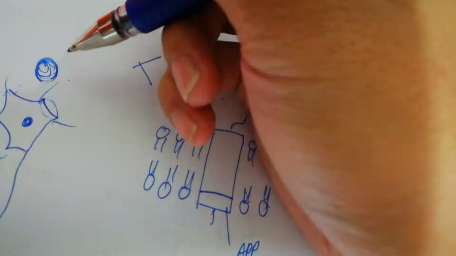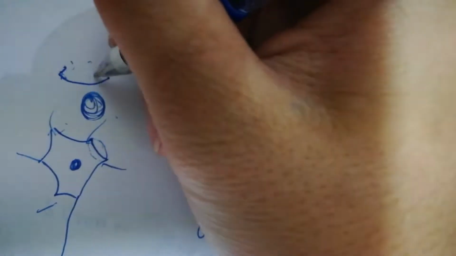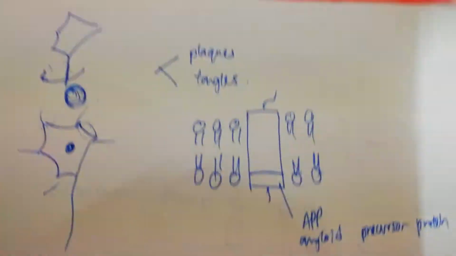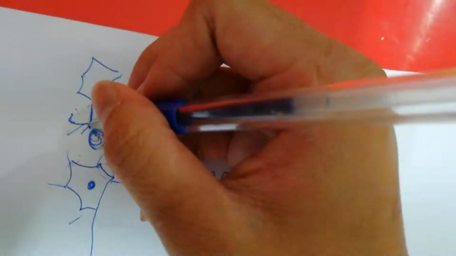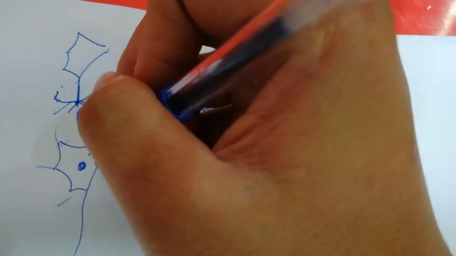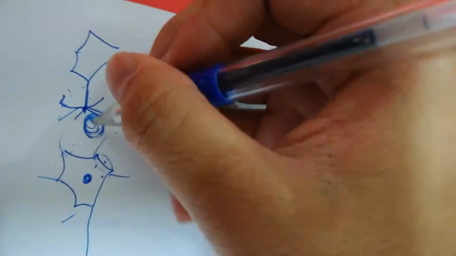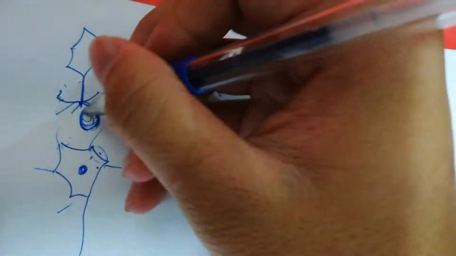Because of the presence of the plaques, normally this neuron is going to form a synapse with another neuron. But what happens is that in the extracellular space, we have these plaques.